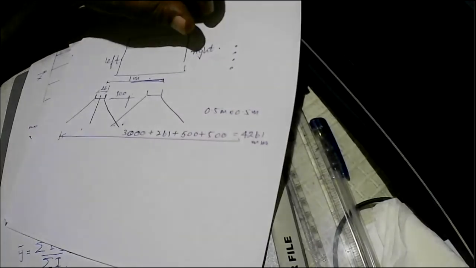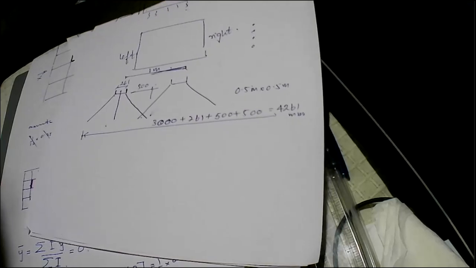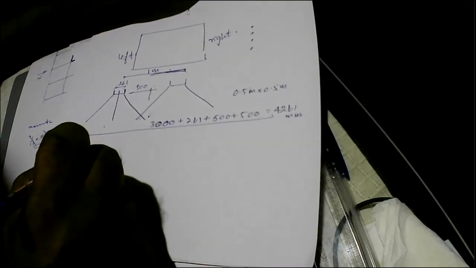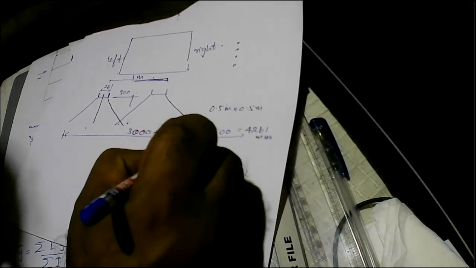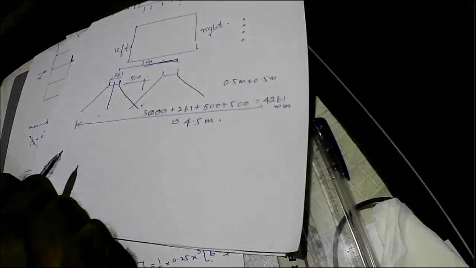So basically, this is approximately equal to 4.5 meters. That is so the width of the HB vehicle will be 4.5 meters.